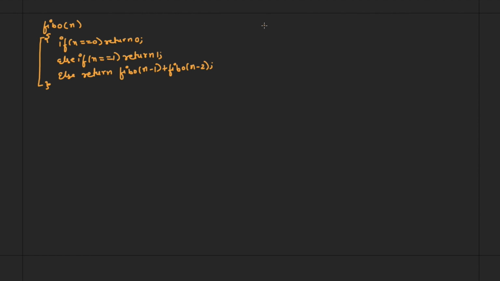So what is the Fibonacci of a number? I think some of you may be confused about it. Let us find the Fibonacci of some simple numbers. Assume this is the number n and this is the Fibonacci of n. Fibonacci of 0 is 0, Fibonacci of 1 is 1.